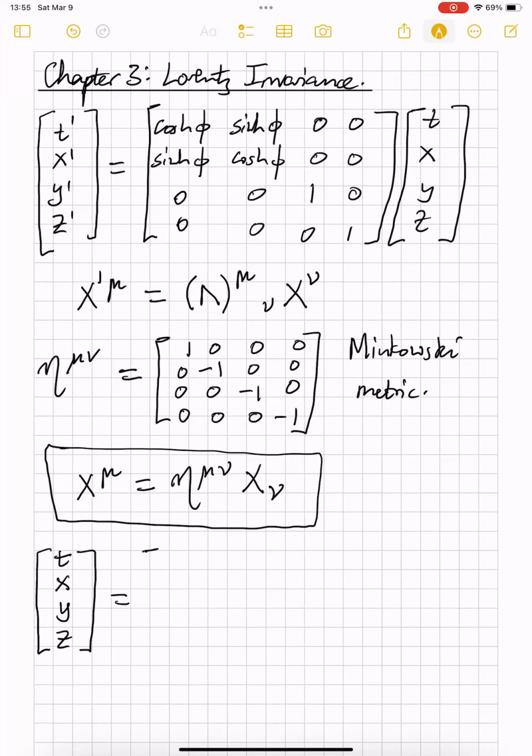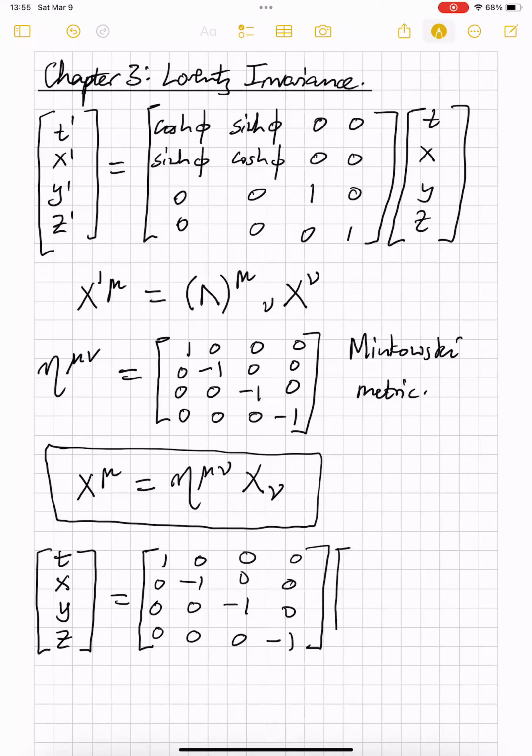And then we've got the Minkowski metric: 1, 0, 0, 0; 0, minus 1, 0, 0; 0, 0, minus 1, 0; and so on, more zeros. So there's the Minkowski metric. And then we have the covariant vector, which is t, minus x, minus y, minus z. So this is just a rewriting of the boxed equation as a matrix equation.